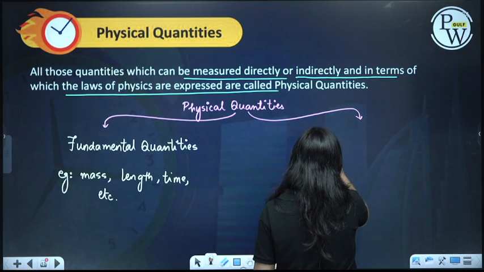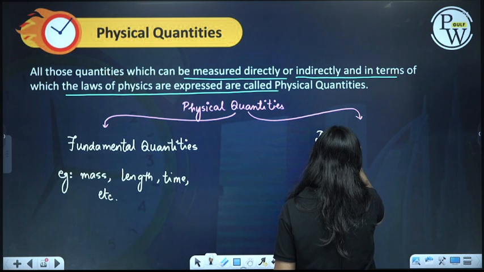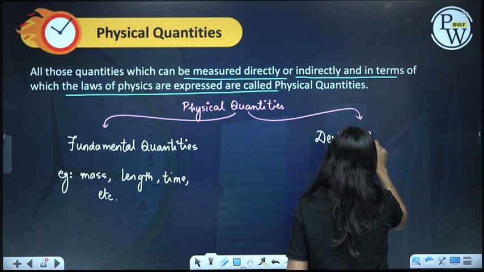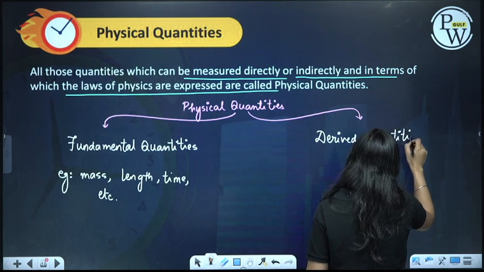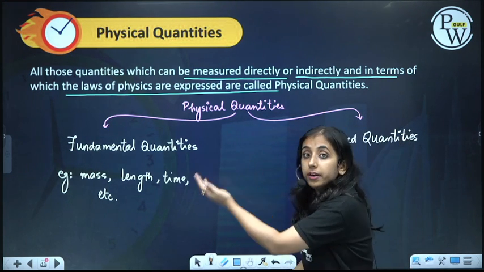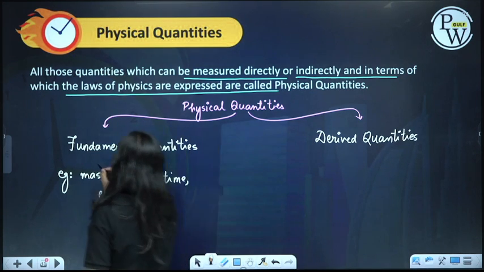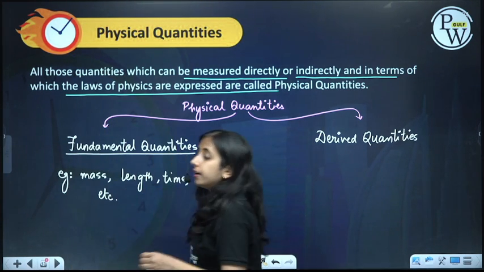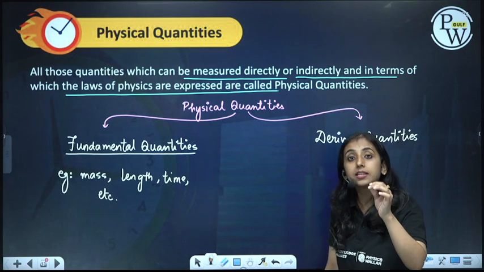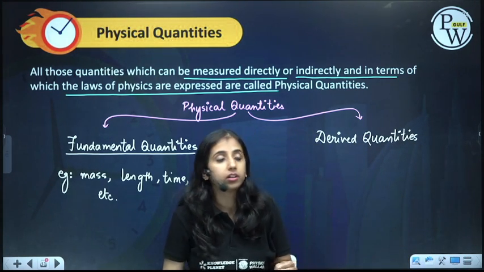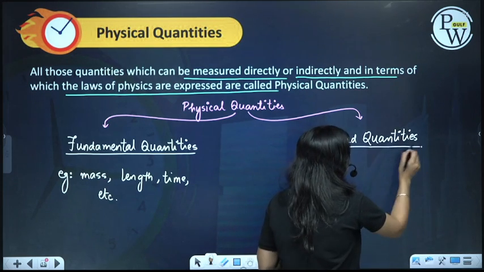Next category is derived quantities. So what are derived quantities? All those quantities which are dependent on fundamental quantities, or can be expressed in terms of fundamental quantities, are called derived quantities.